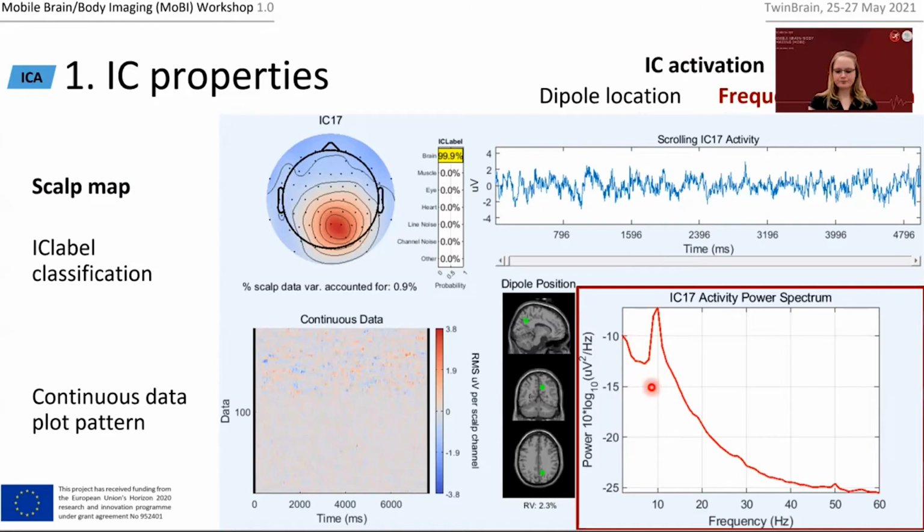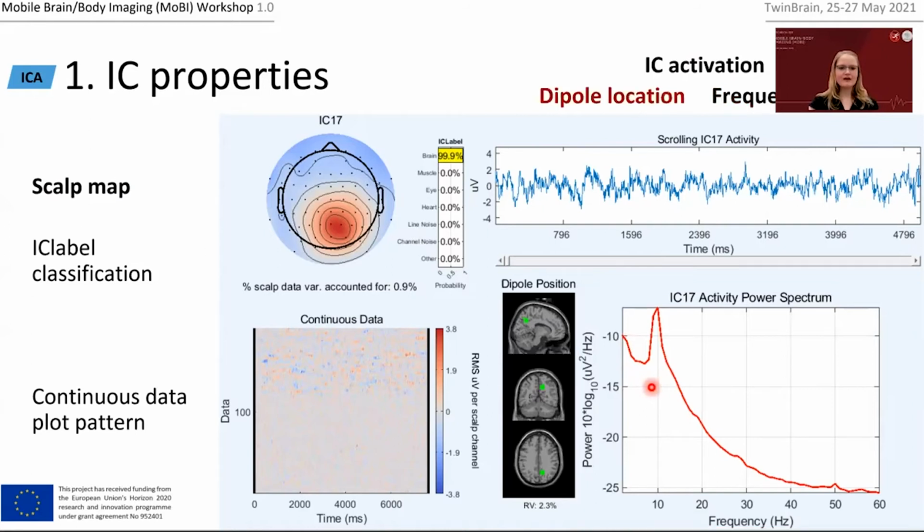And then we have the dipole location that was already mentioned by Marius. This helps us to understand further where this dipole that was plotted in the scalp map is located in the brain or in the head, or if it's actually outside of the head model. This is also very informative.